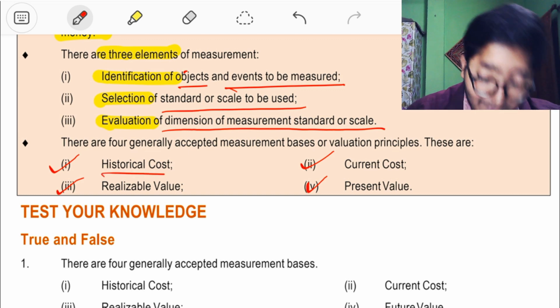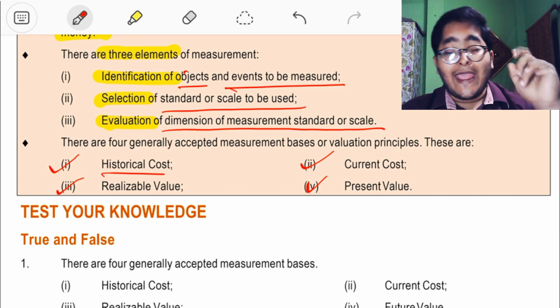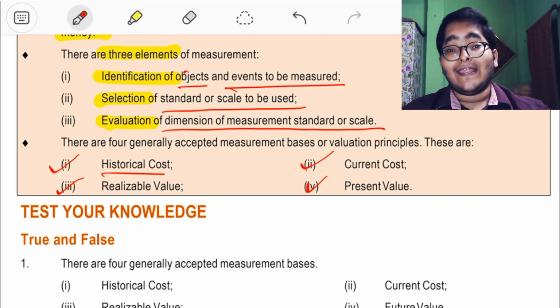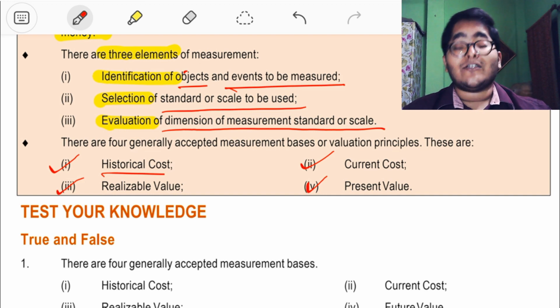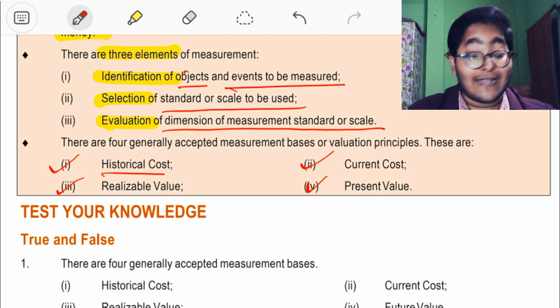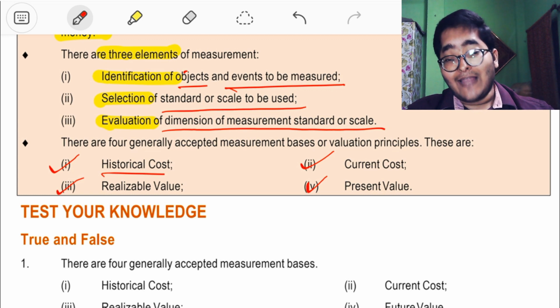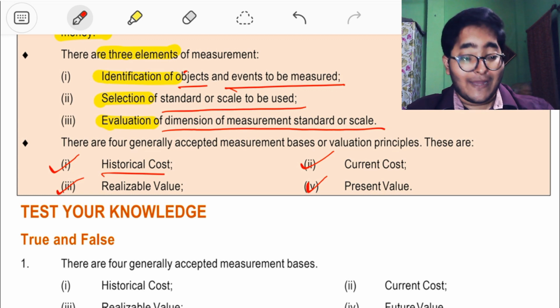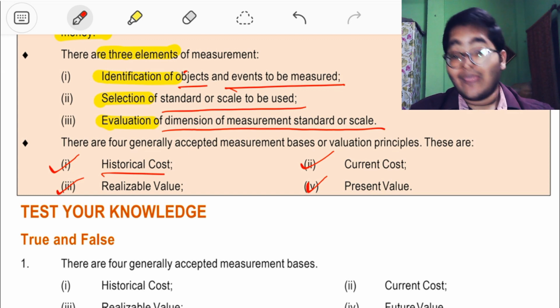What is historical cost? Historical cost is the cost that a company or enterprise has to pay to acquire an asset. The historical cost of a liability is the amount of the proceeds that can be recognized or realized by declaring or recognizing any liability. What is current cost?